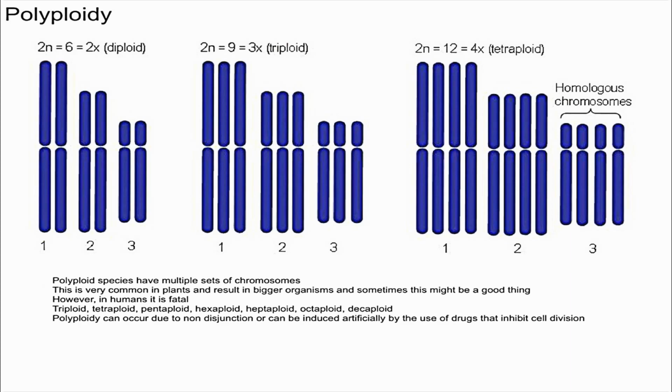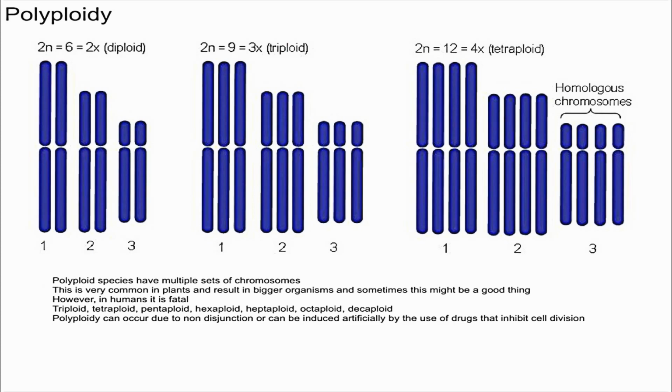As you can see in this picture above, we have diploid, triploid, tetraploid, but you could get even bigger. You could have more than 4 sets. For example, pentaploid is 5 sets, hexaploid is 6 sets, heptaploid is 7 sets, octaploid is 8 sets, decaploid is 10 sets, and so on.